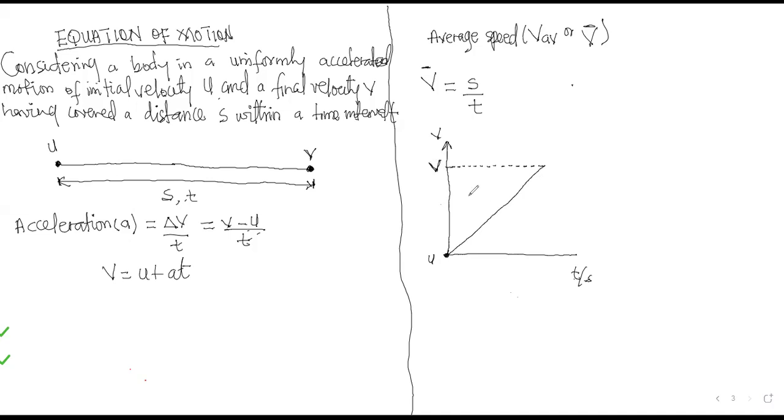I can also determine the average speed by summing up the initial speed and the final speed and dividing by 2.